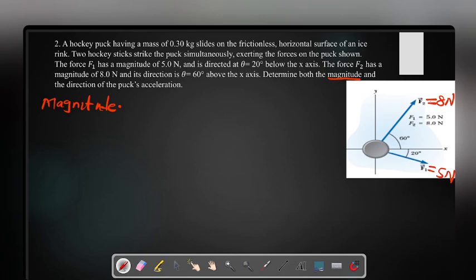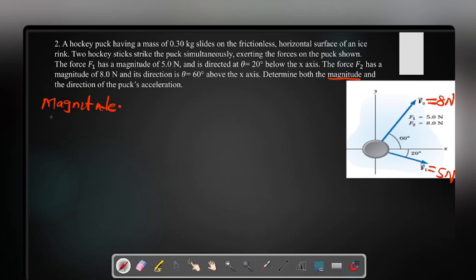For us to find the magnitude, we are going to resolve all the forces in the x and also in the y. Meaning that first we need to get the resultant force. That will be the first procedure. Then after getting the resultant force, we'll use it to find the magnitude and also the direction of the acceleration.